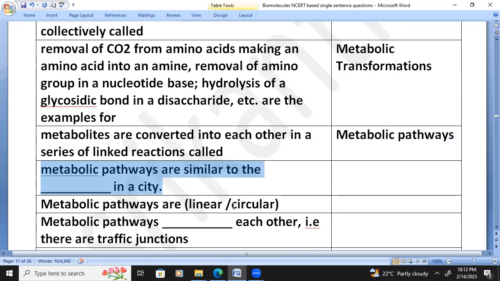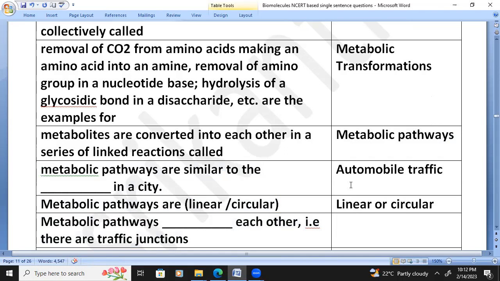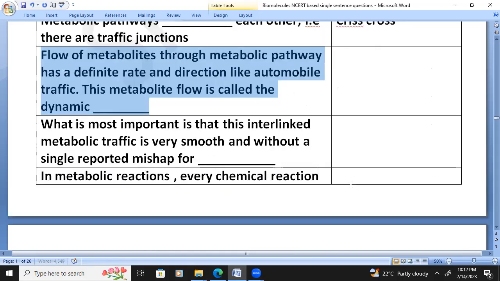Metabolic pathways are similar to automobile traffic in a city. Metabolic pathways may be linear or circular. Metabolic pathways crisscross each other, that is, there are traffic junctions. Flow of metabolites through a metabolic pathway has a definite rate and direction like automobile traffic.